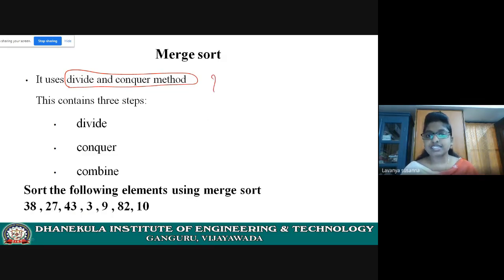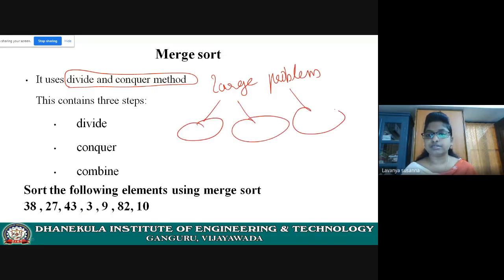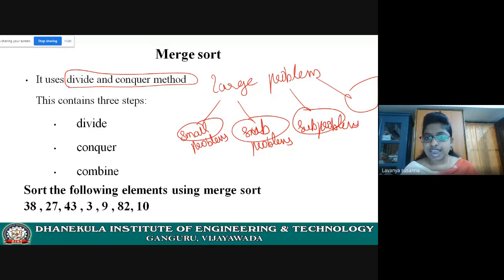See, a large problem is divided into small problems, small subproblems.